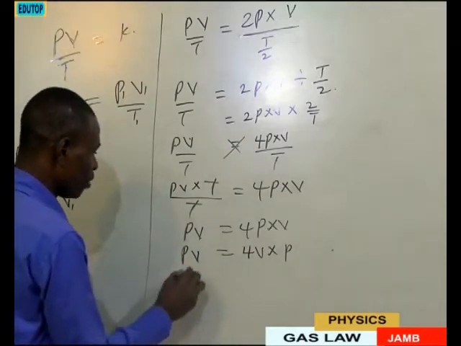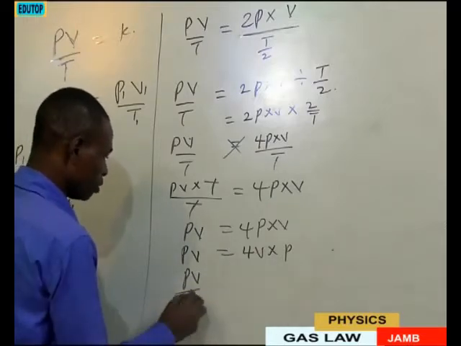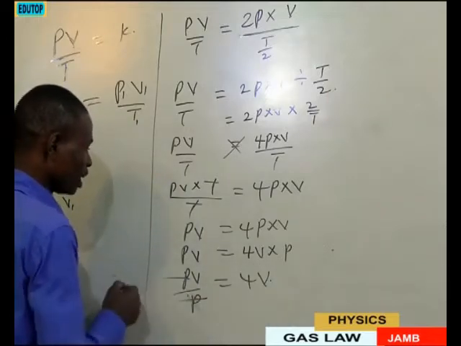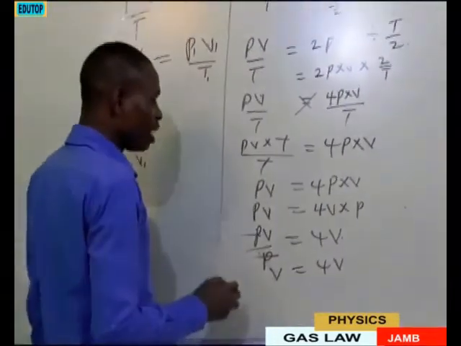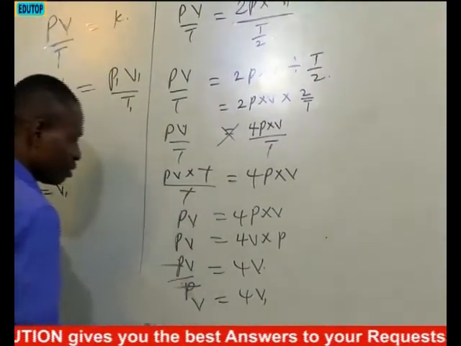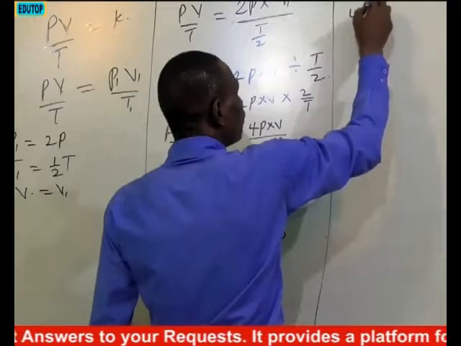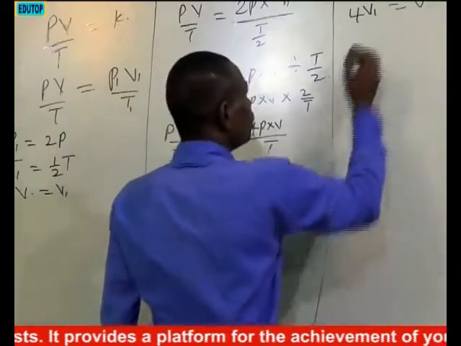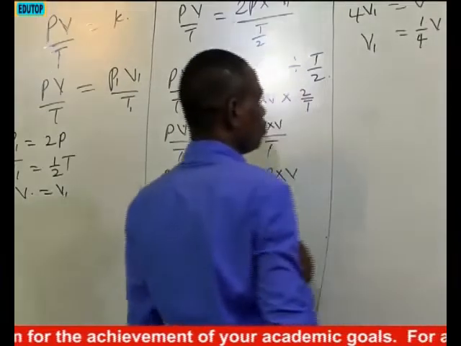So from there we can say PV divided by P will be equal to 4V. So that P cancels P. What we are having is V is equal to 4V1. But you remember that this one is V1, where we are coming from. Let's make V1 the subject of the formula. 4V1 is equal to V. The whole of this, I put it there. So that V1 will be equal to 1 over 4 V.